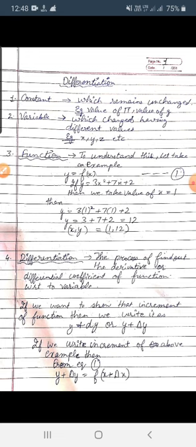If we increment the function, then we write it as y plus dy or y plus delta y. If we write the increment of the above example, then it is y plus delta y is equal to f(x plus delta x).